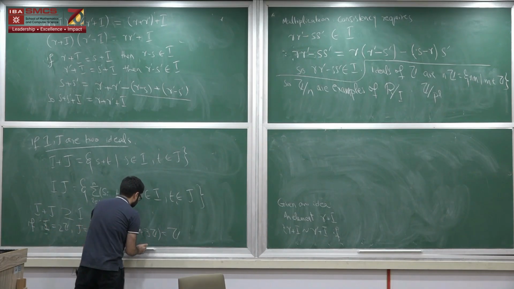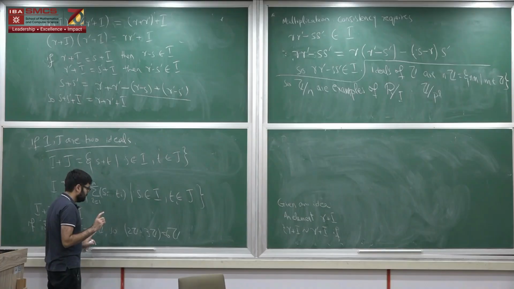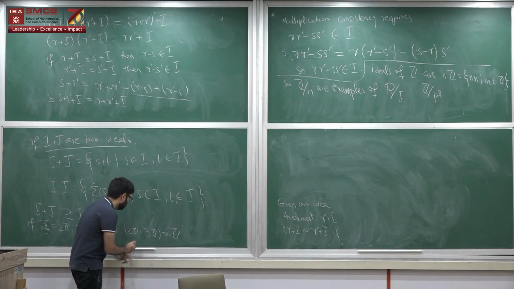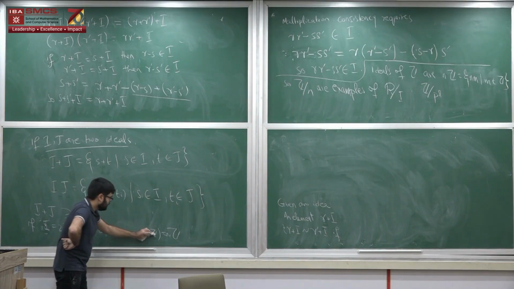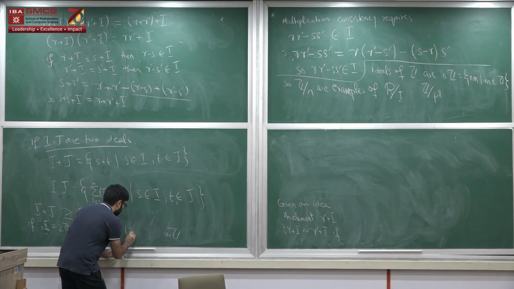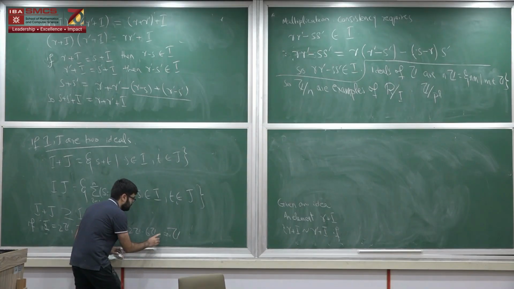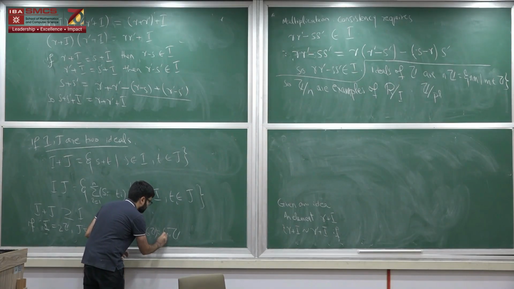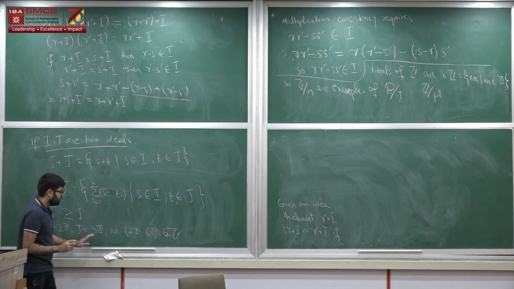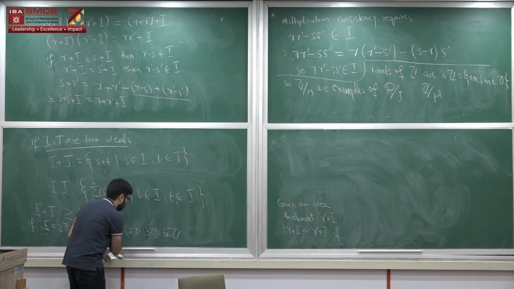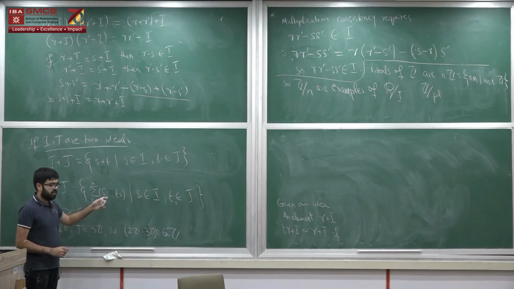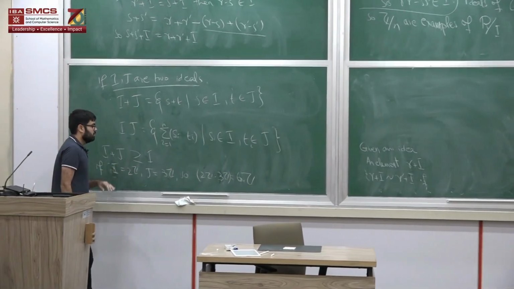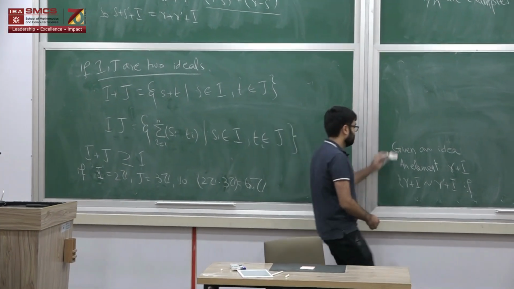So, this is 6Z. 2Z times 3Z is equal to 6Z. So, here everything will have 6 as a factor. Okay, so you will get 6Z. 2Z plus 3Z is equal to 6Z, yes. So a linear combination is there.